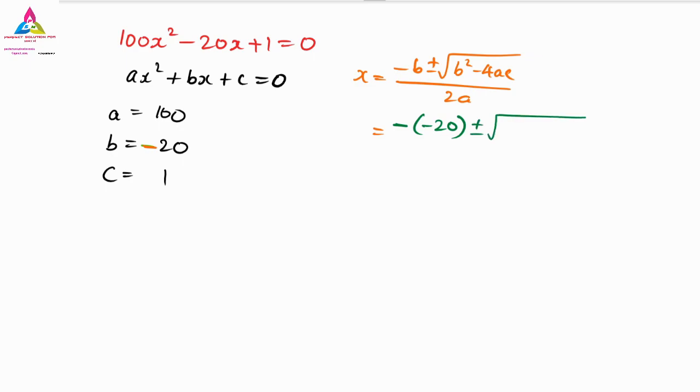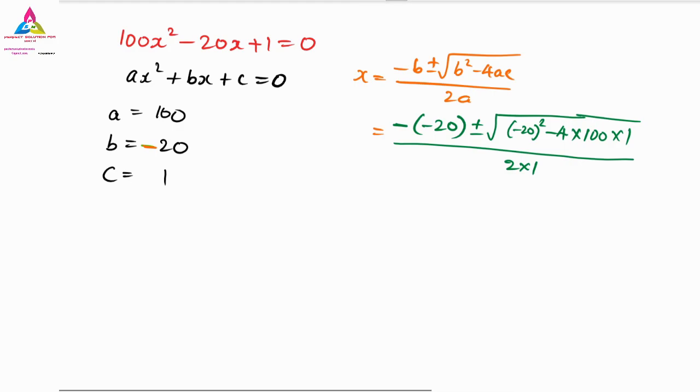Plus or minus square root of b square, which is minus 20 the whole square, minus 4 into a value 100 into c value 1, whole divided by 2 into a value 1. That is the one mistake you will make, and for that you will get the answer wrong.